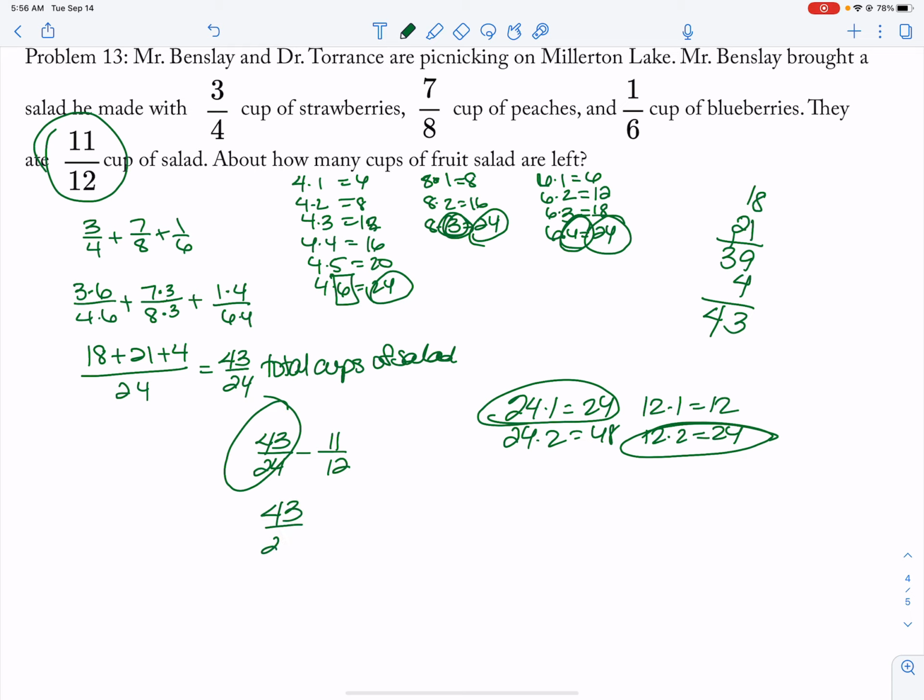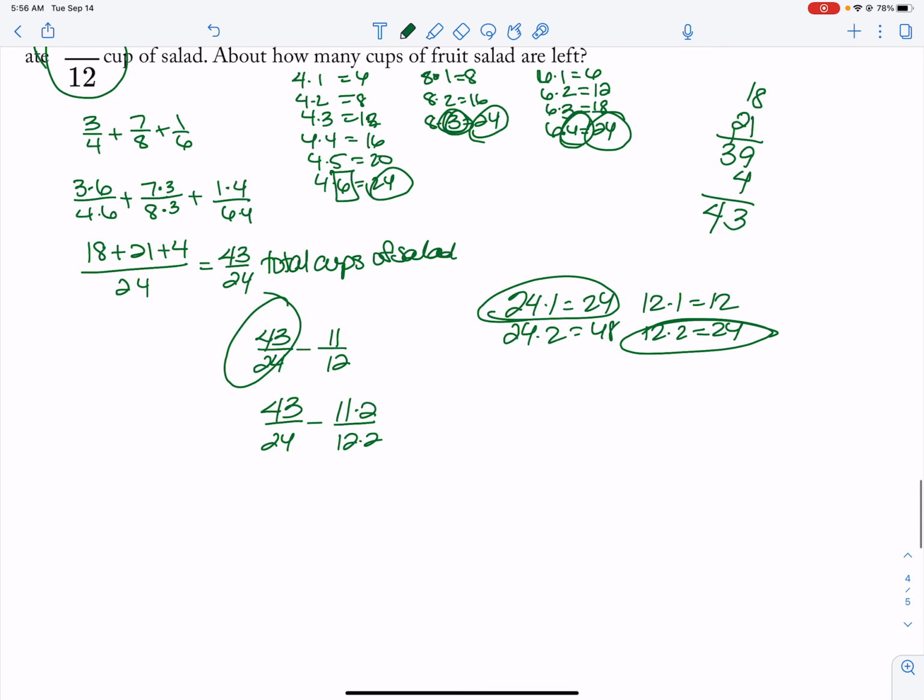So 43 over 24 minus 11 times 2 over 12 times 2. So 43 over 24 minus 22 over 24. Again, if you have a hard time visualizing this horizontally, change it to vertical and do your subtraction, right? It's okay. So I get 21 over 24.